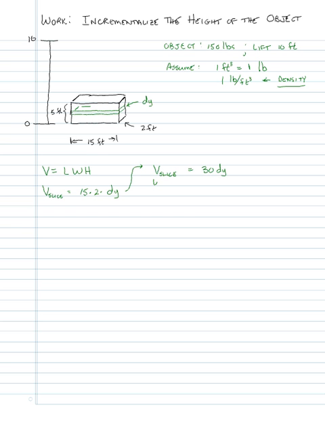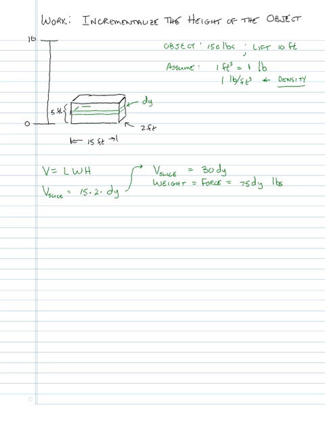Now remember, the weight is equal to the force, or the force is equal to the weight, required to move this. And in this case, that weight is 75 dy pounds, because that's the volume that we just found of that slice. 75 dy pounds, that's the weight, or the force required to move.